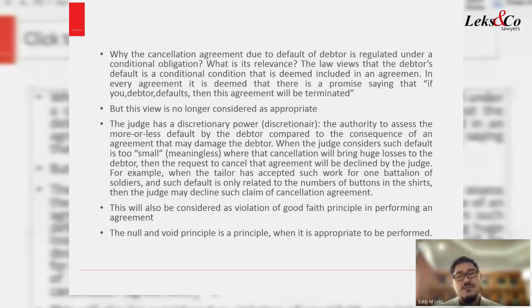I mean, everything that is regulated under the law in writing isn't supposed to regulate something that is illogical, irrational, or unfair. It is supposed to regulate with fairness, that is justifiable, logical, rational, and can be justified. So this is actually a principle of balancing, asas keseimbangan. This is actually that thing.